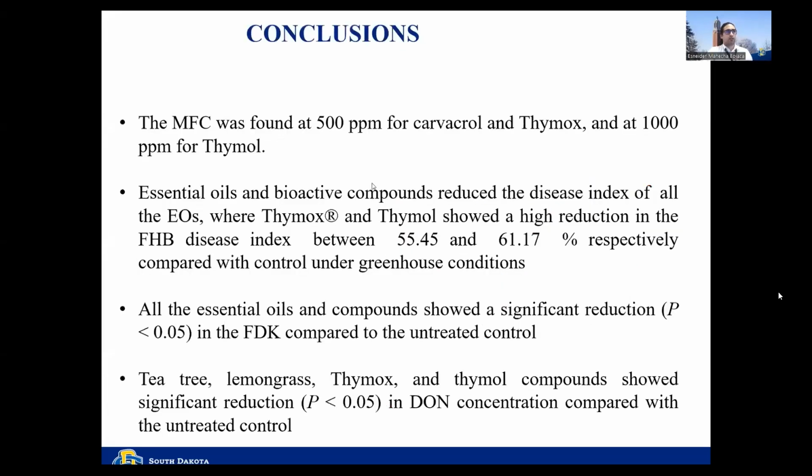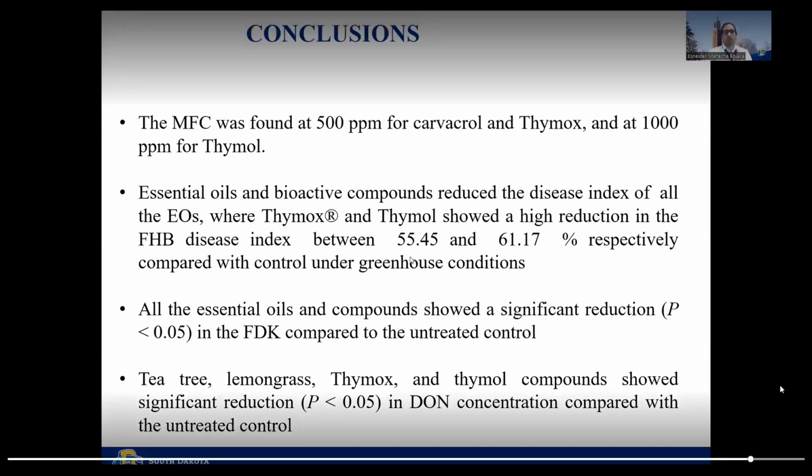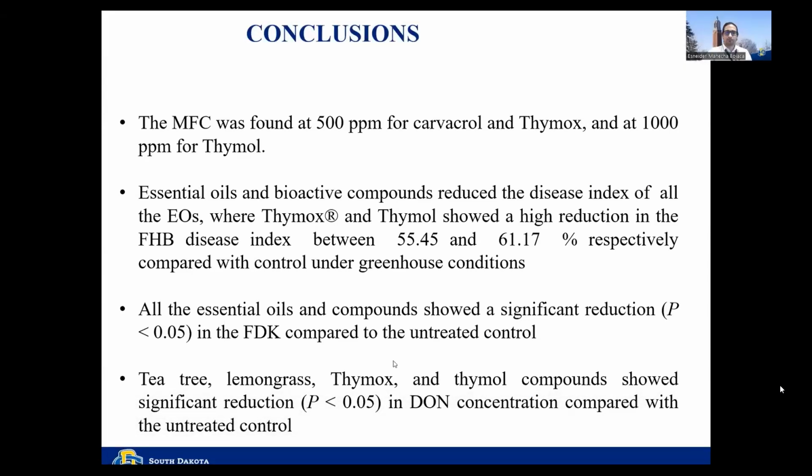As a little conclusion, I'm sorry to take more time. The minimal fungicide concentration was found at 800 parts per million for carvacrol and Thymox, and 1,000 parts per million for thymol. We saw a reduction of the disease in the greenhouse of 55 to 61% with the treatments Thymox and thymol.